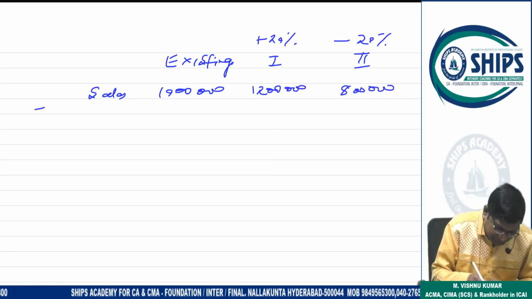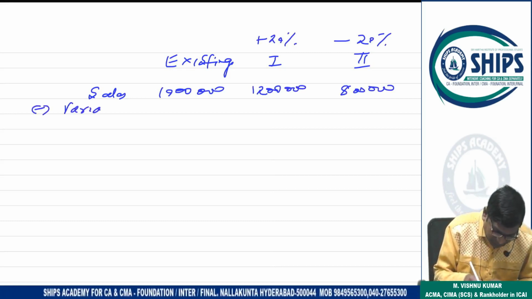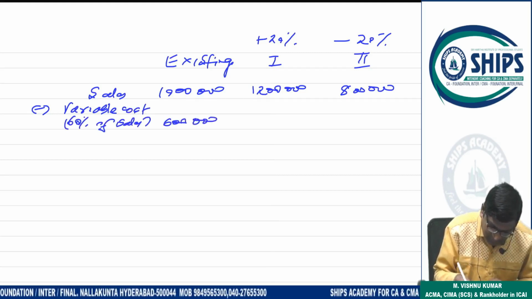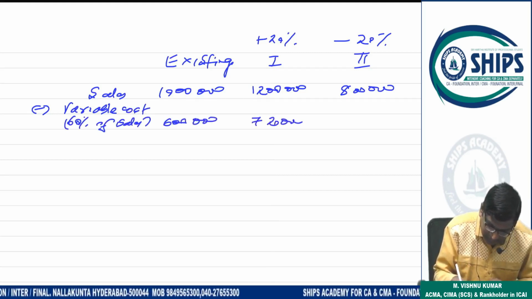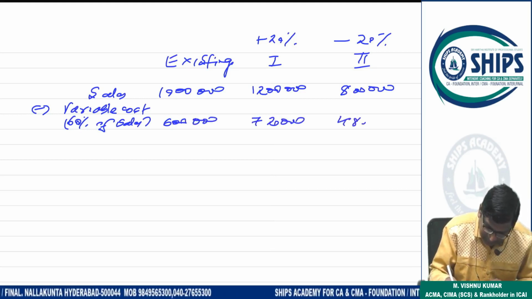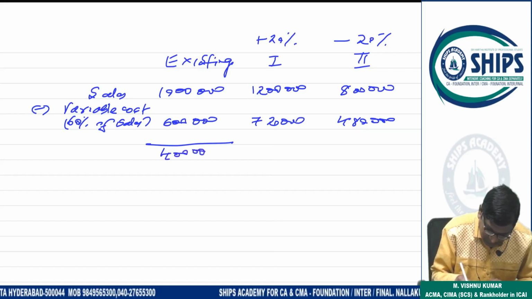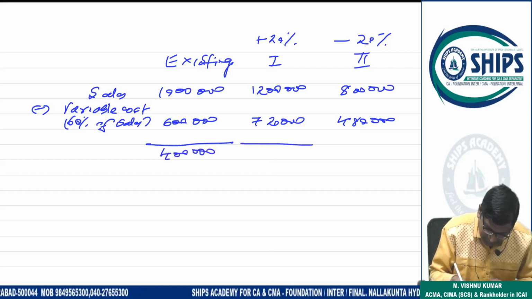Okay? Variable cost 60% of sales. So 6 lakhs, 720, 480. 4 lakhs. ये कितना है? 480.